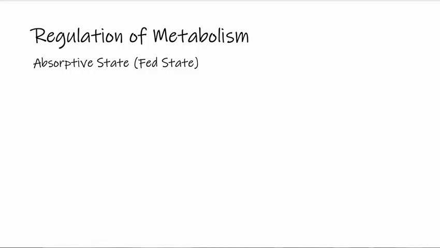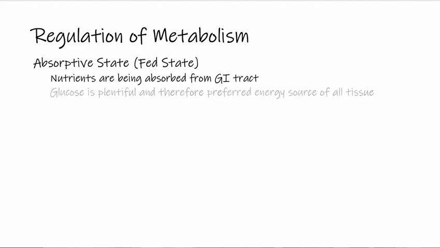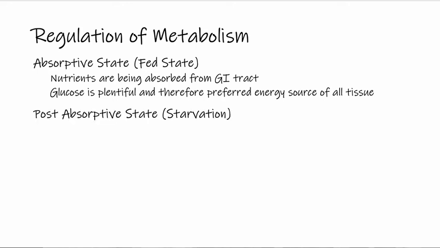Now, as we talk about the regulation of metabolism, we think of two different states. One is called the absorptive state. So this is when nutrients are being absorbed from the GI tract. This is also referred to as the fed state. So during this time, glucose is plentiful, and it's the preferred source of all tissues. The post-absorptive state, or starvation state, is when our GI tract is empty.